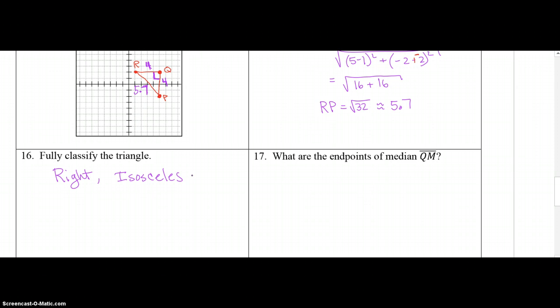Okay, so now, what are the endpoints of the median QM? Well, there's no M in our picture, but a median is a segment that goes from a vertex to the midpoint of the opposite side.